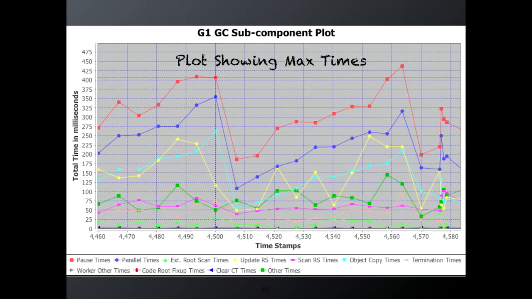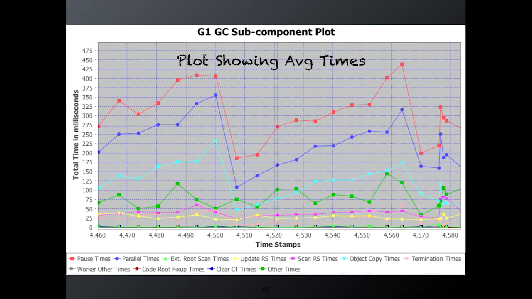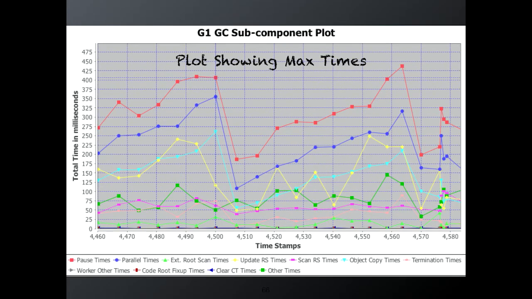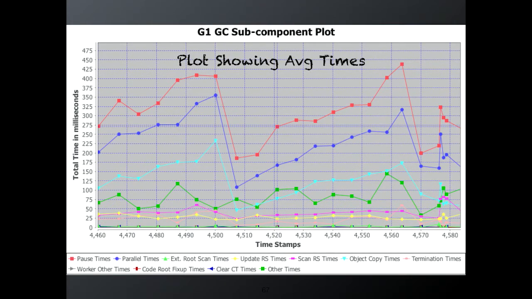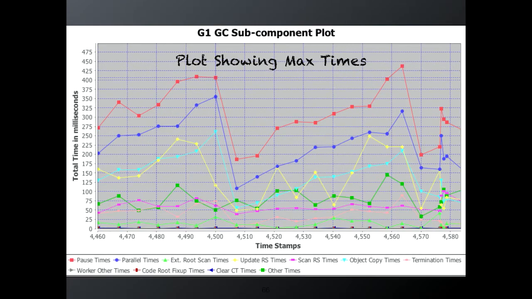So if I plotted just the maximum, which you saw earlier, you would see something like this. But if I plotted the average times, you see, the yellow line is pretty normal when you're plotting the average. There's another thing, measurement and what is important to plot, right? I don't have much time to talk more about that because we're talking about G1 GC. But again, with G1 GC, make sure you're plotting the max, okay?